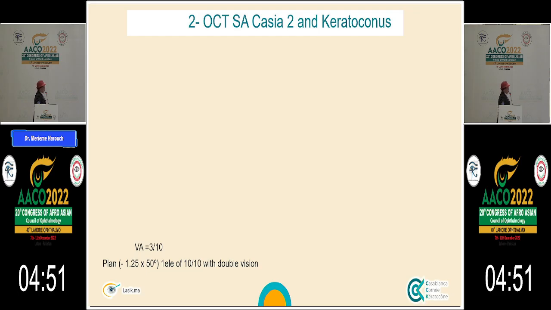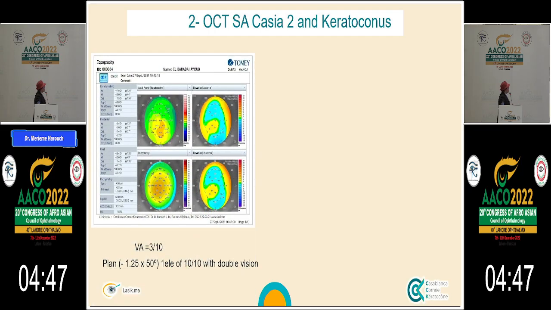Now we can also use OCT for keratoconus, for the diagnosis. Here we have E1S for dioptry, and the cornea is thin.